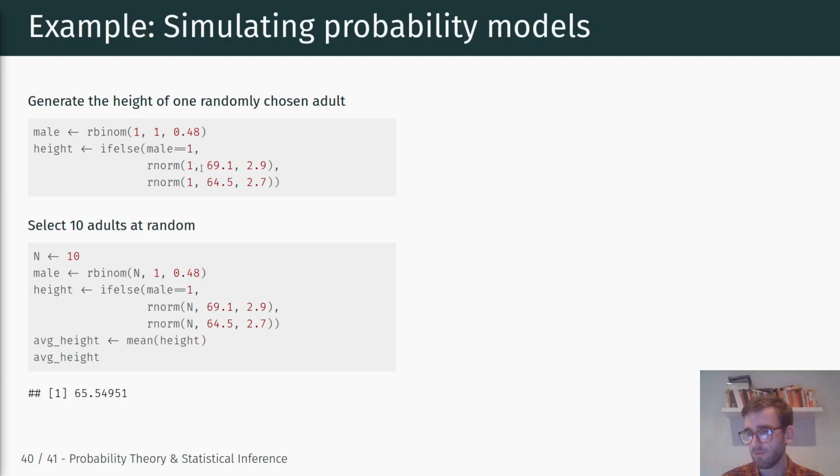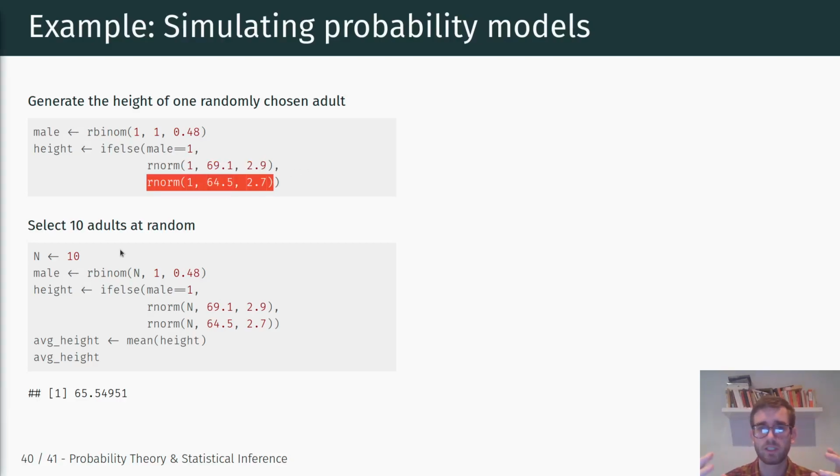Here we have the average height of men is 69.1 inches. For women, we have 64.5 inches, with respective standard deviations. So this if-else statement says if male is equal to 1, then we take a draw from this normal distribution, and if it's equal to 0, then we take a draw from this normal distribution. Okay. So far so good.